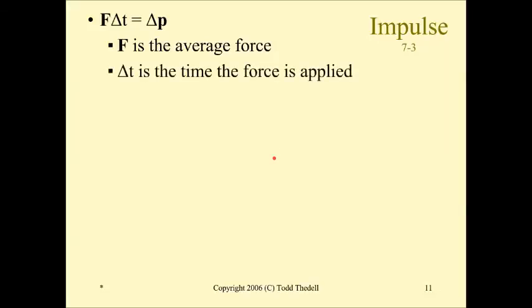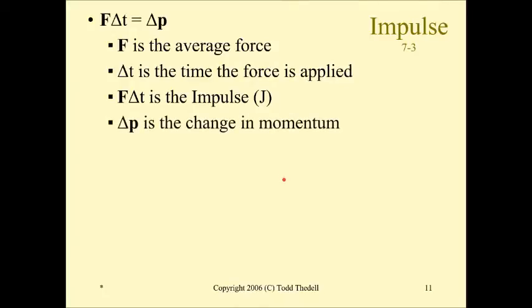Delta T is the time that the force is applied, and F delta T is the impulse that we're looking at. Okay, and delta P of course is the change in momentum, and that's what we've been talking about up to this point.